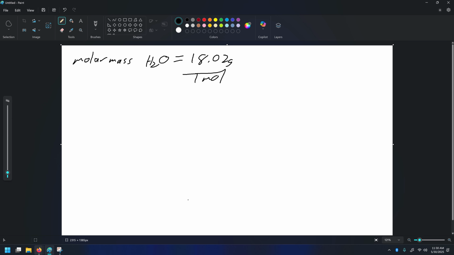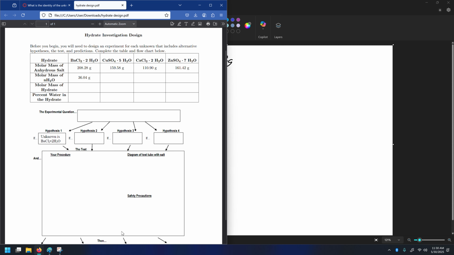Now, looking back at my Hydrate design worksheet, I'm given some sample calculations. They've told us what the molar mass of our anhydrous salts are. Now, anhydrous just tells me that it's without water. And so looking at the first example here, BaCl2 with 2 H2Os in it, well, the anhydrous version of that salt would just be the BaCl2.